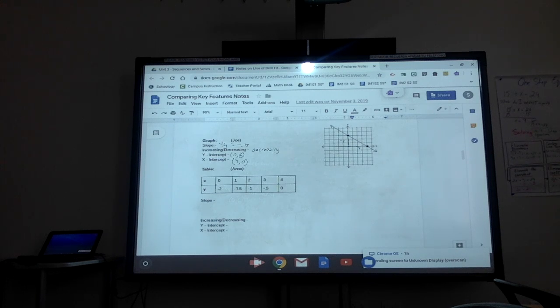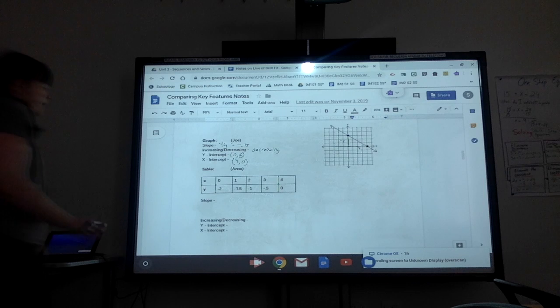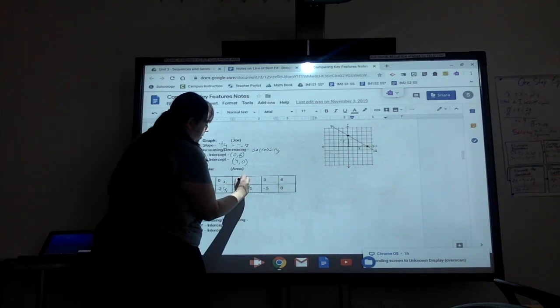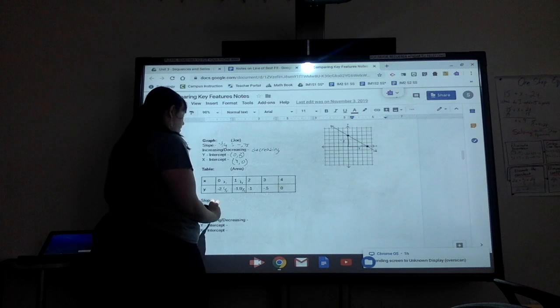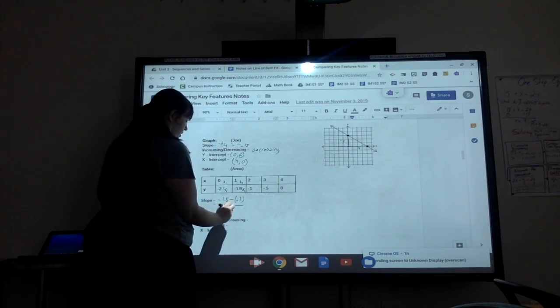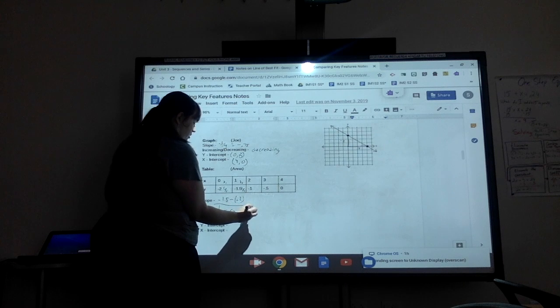And then finally, Anna's in the table. And so for Anna, for her slope, we have to calculate it. So I'm going to pick this to be x1, y1, this one to be x2, y2. So slope is y2, which is negative 1.5, minus y1, which is negative 2, over x2, which is 1, minus x1, which is 0.